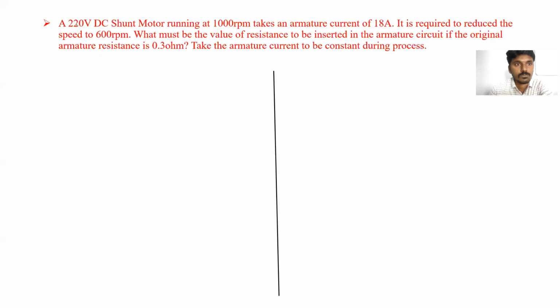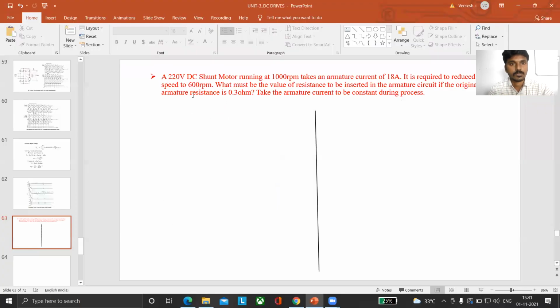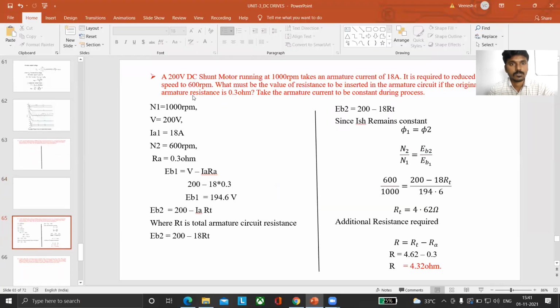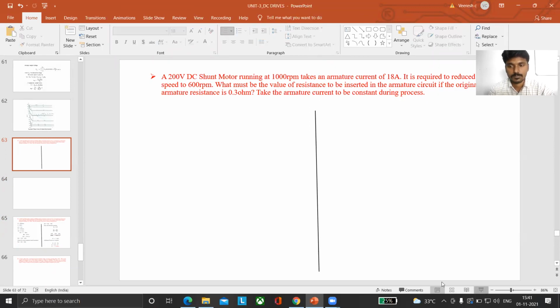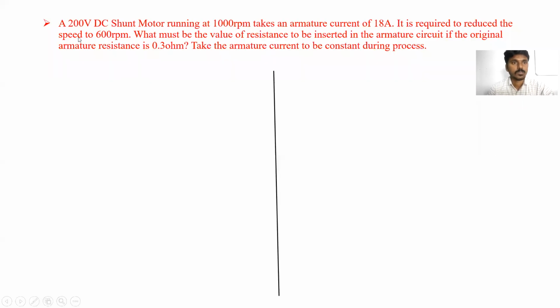A 200 volt DC shunt motor running at 1000 RPM takes an armature current of 18 amperes.